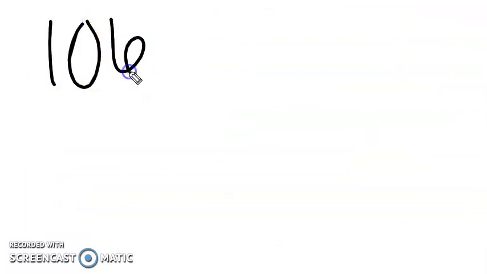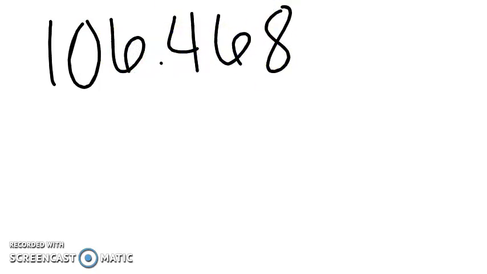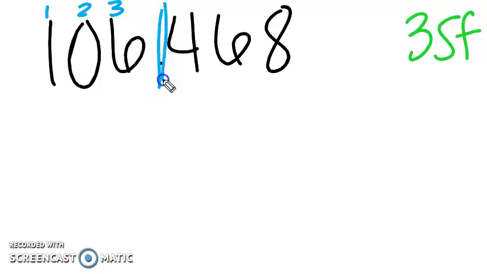So if we have 106.468, and we said we need to get down to 3 sig figs, how are we going to round it? Let's count to see where ideally our number would stop. We want to start with our greatest place value because that holds the most value numerically. So this is going to be 1 sig fig, 2 sig figs, 3 sig figs. So ideally we could just stop the number here.